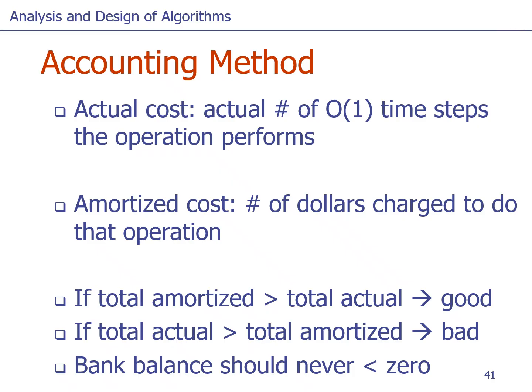And if we have been running the slow operation only a small number of times, and most of the time we're doing the fast operation, then we have been accumulating way more money, which is the difference between the fast and the slow, that will enable us to pay for the total cost of all operations. Okay?